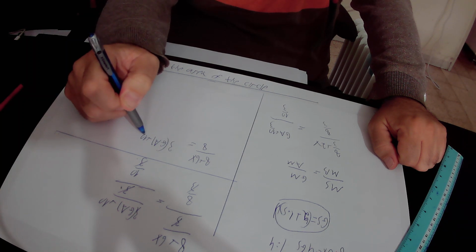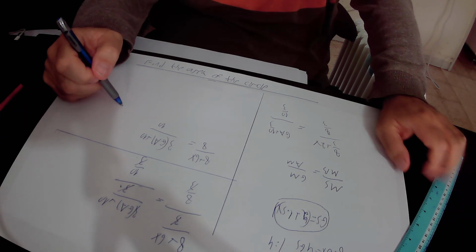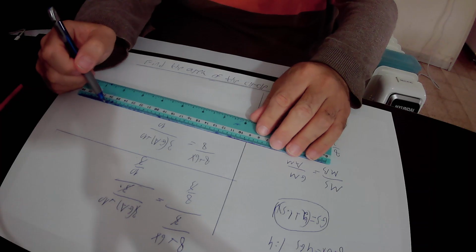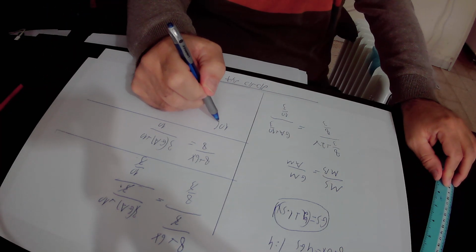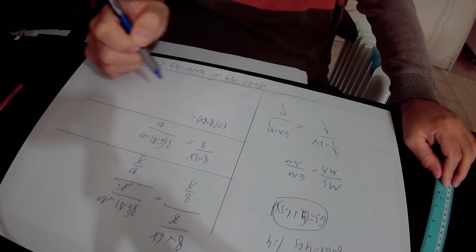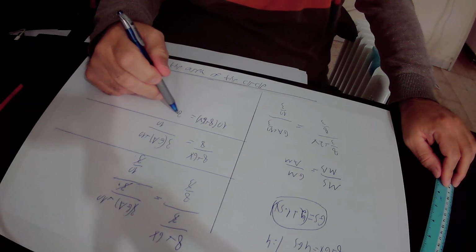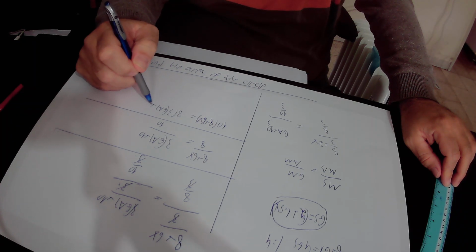Here we first cross multiply this equation, and we get 10 times (8 plus 6x) equals 8 times (3GA plus 10).